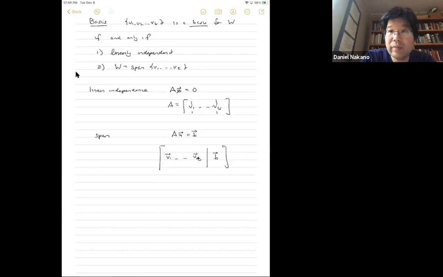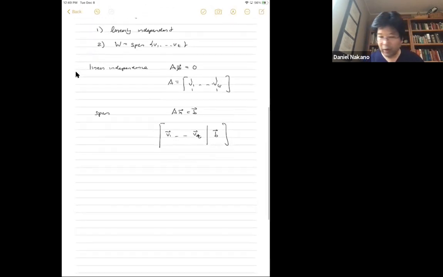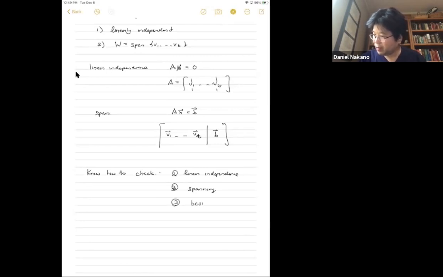Okay, other questions? All right. Okay, so let me just write this down. I hate to harp on this, but you should know how to check the following: linear independence, spanning, and you should also be able to check whether something is a basis.